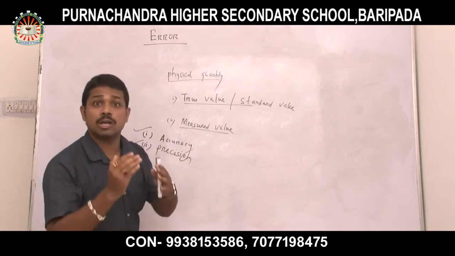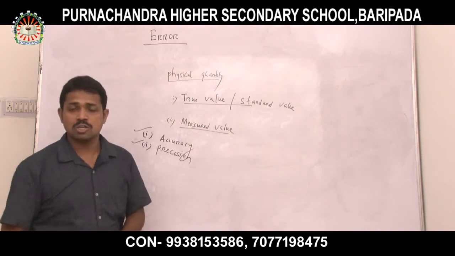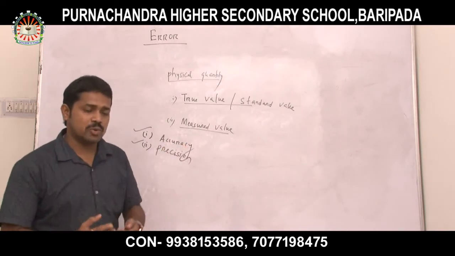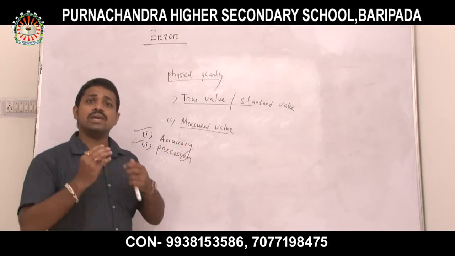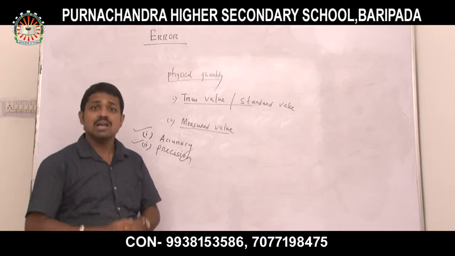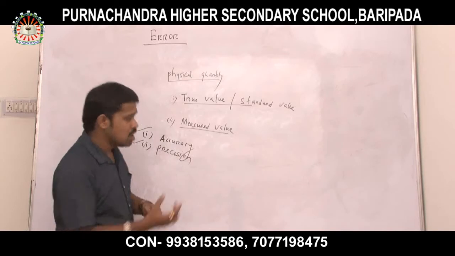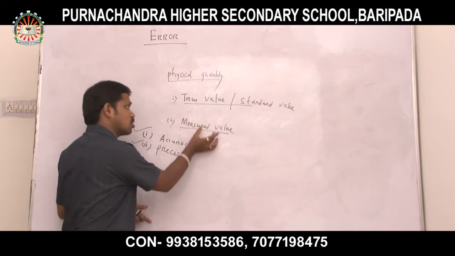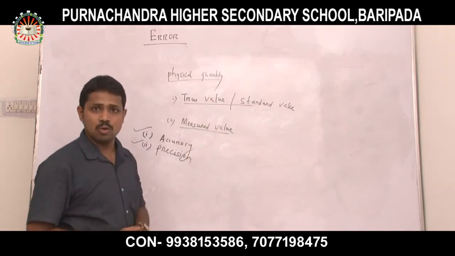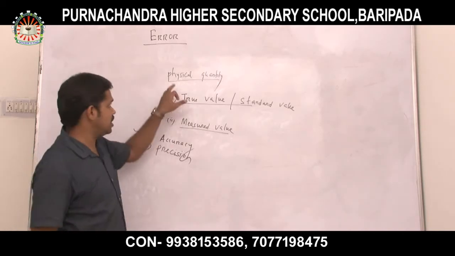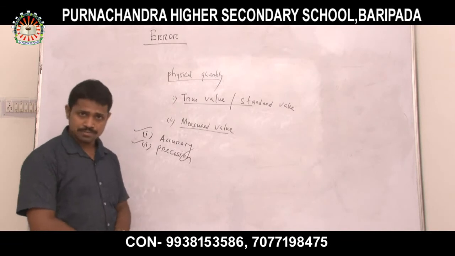Understood, all of you? Clear? So if we define accuracy, the accuracy is defined as the measure of how close the measured value is to the true value of a physical quantity, the measurement of a physical quantity. Very simple.